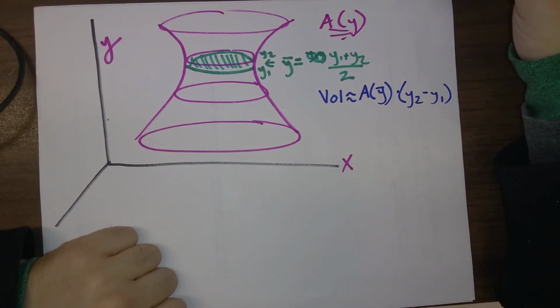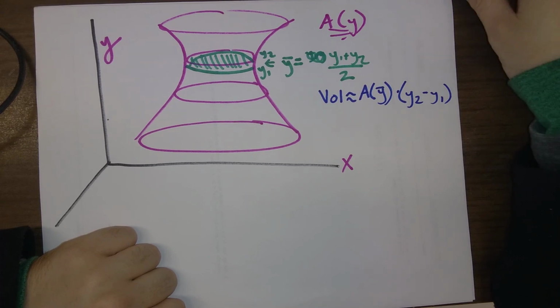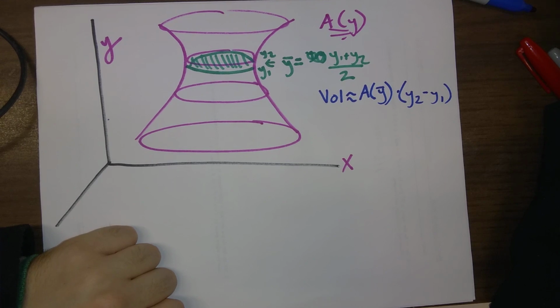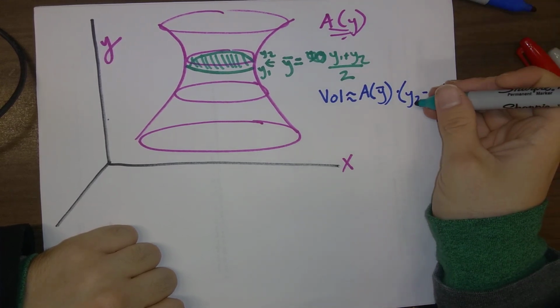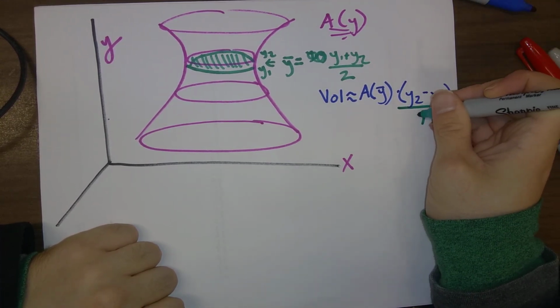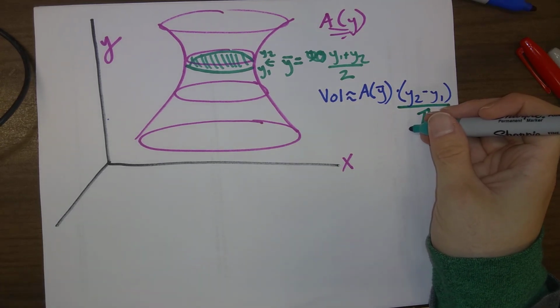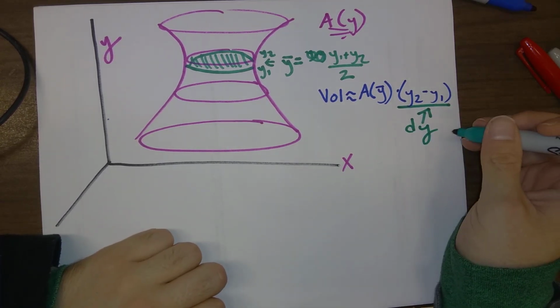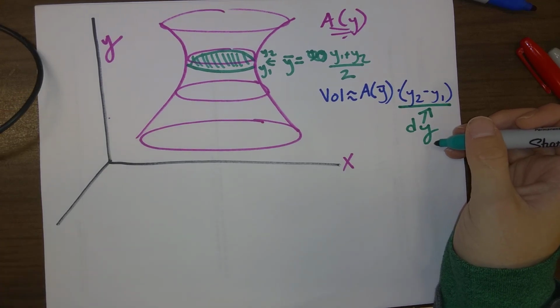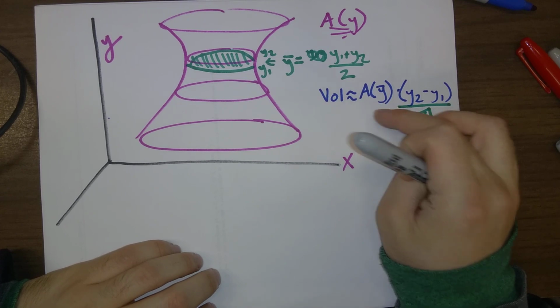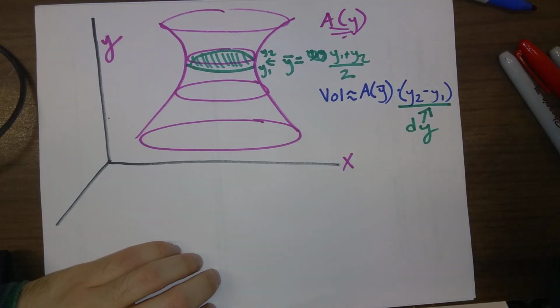And when we add up all of these little volumes, so these little slabs, adding up lots of little, really small things, that starts sounding like an integral. And so what's going on here is that we'll end up replacing y2 minus y1 with dy as an arbitrarily small number. Of course, we're already approximating the cross-section with the cross-section at the midpoint.